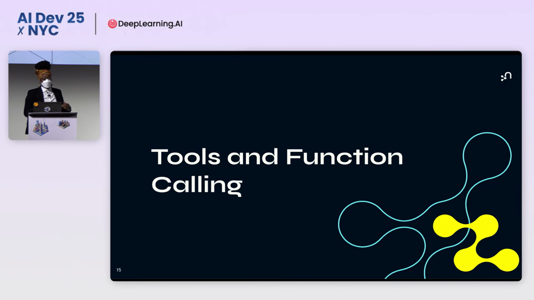Before I get into the last one, I want to talk about tools and function calling as another method. Instead of stuffing your context with raw data and instructions to do complex calculations, we can offload those tasks to tools. That's a great way to do context engineering.